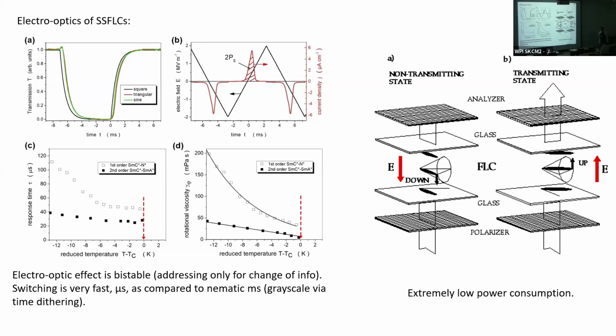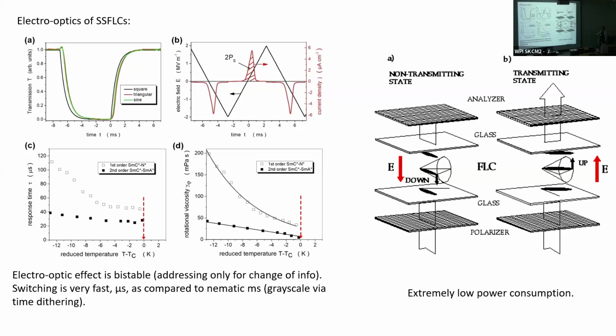But if you look at the scale here, it's much, much faster than anything else that you see with liquid crystals. It's actually in the microsecond range, the switching process. And that is the basis of the ferroelectric displays.